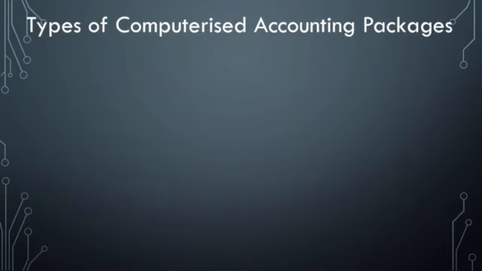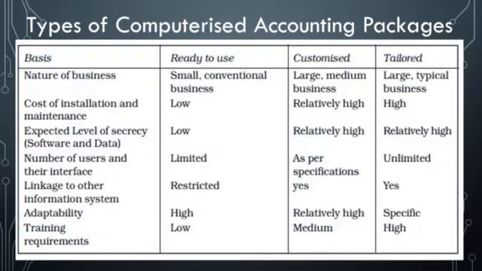The accounting packages are classified into three categories: ready to use or ready made software, customized software, and tailored or tailor made software. Ready to use software is basically used by small size enterprises, for example, a grocery store, medical store, etc. Then the next is customized software.